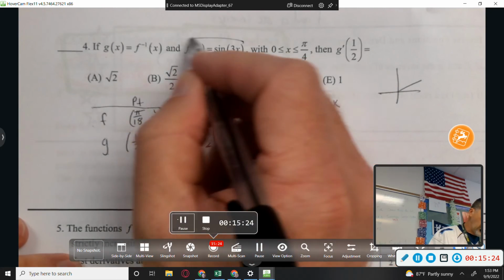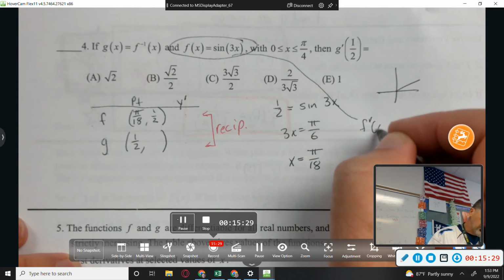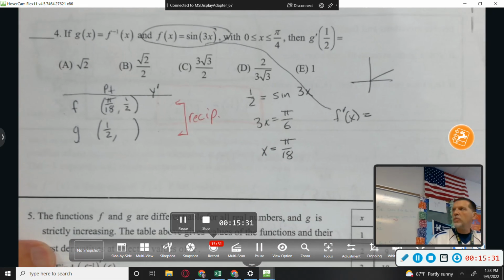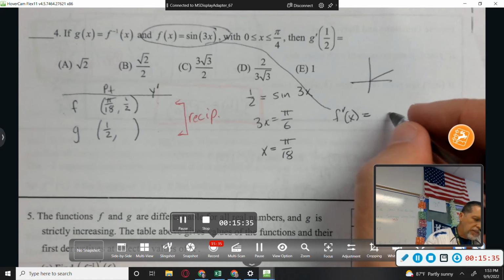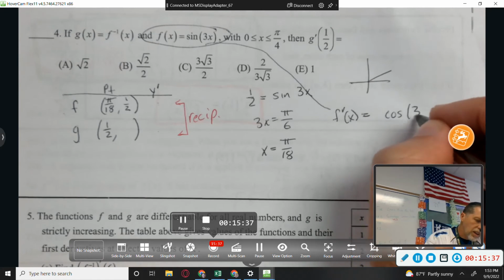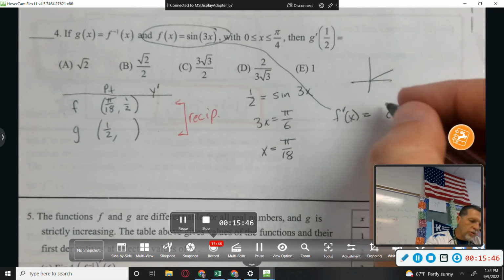But I do have a formula for f, so I can find the derivative based on that formula they gave me. So derivative of sine is cosine, and if I write cosine of 3x, I'm wrong. You need to multiply. Chain rule, I need a 3 on there.